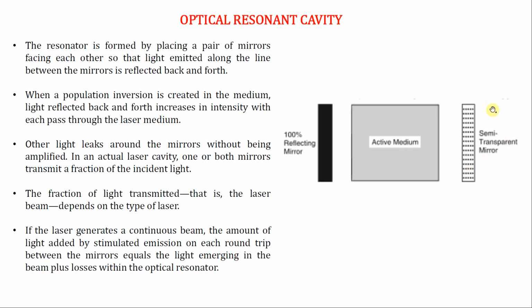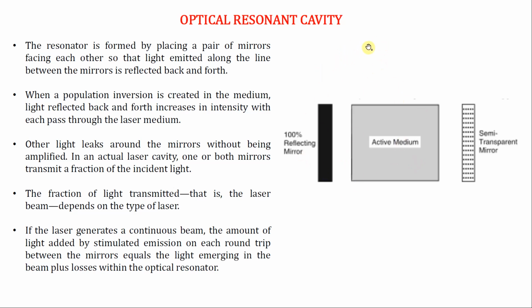So the resultant is a sum of the amplified light along with that small fraction which was lost without amplification. So this is how an optical resonant cavity works.